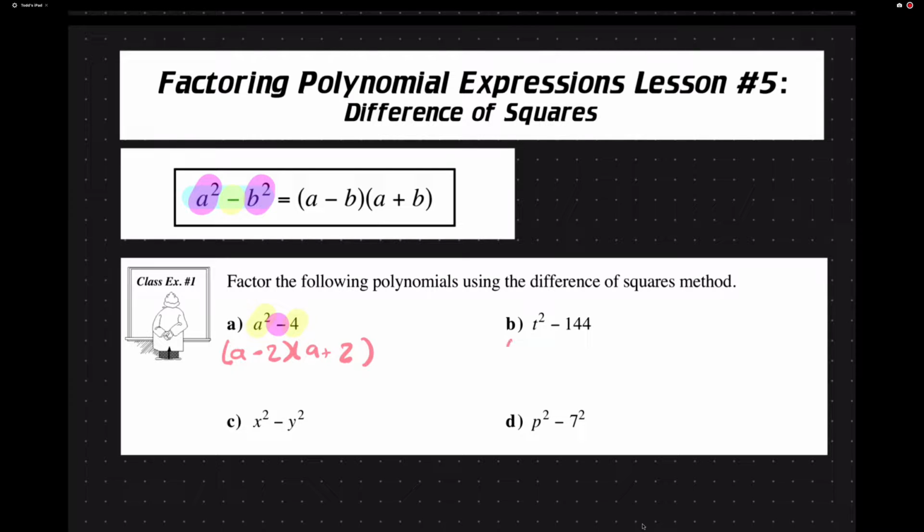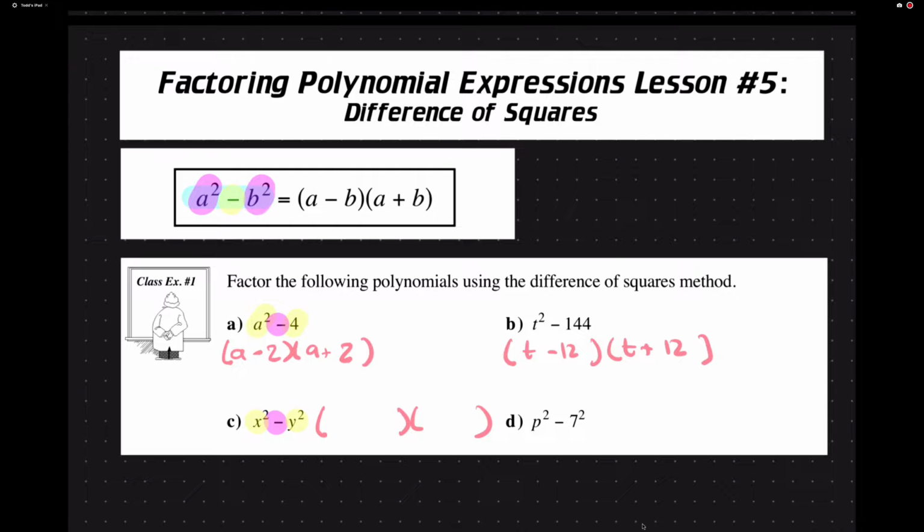The same thing would be done in example B. So it'd be t minus 12 and t plus 12. And in C, same thing. We have a subtraction sign in the middle, and on the outside, x squared is a perfect square and y squared is a perfect square.